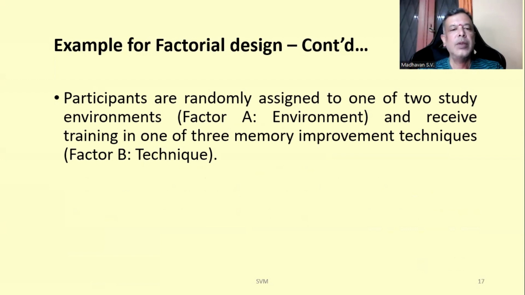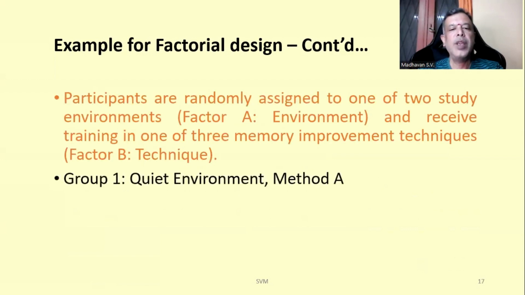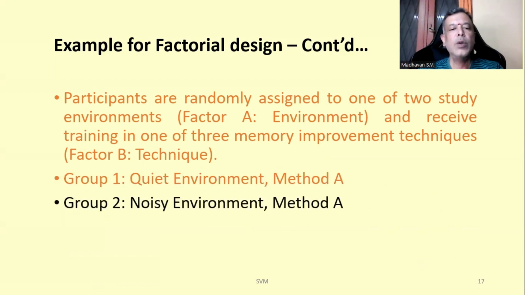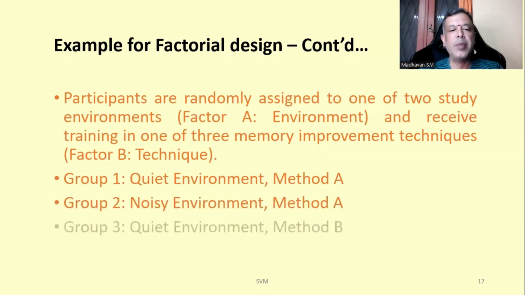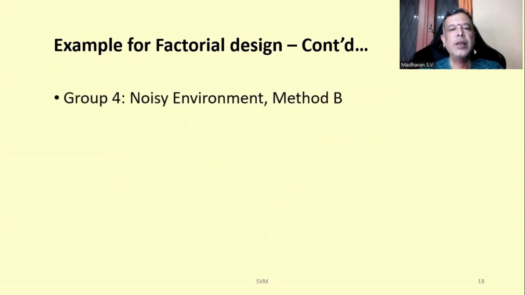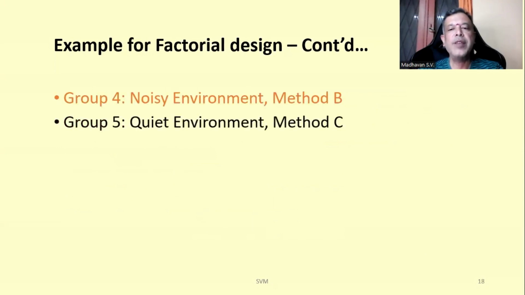So group 1 will be given method A training in a quiet environment. Group 2 will be given method A training, but in a noisy environment. Group 3, method B training, quiet environment. Group 4 will be given method B training in a noisy environment. Group 5 will be given method C training in a quiet environment.